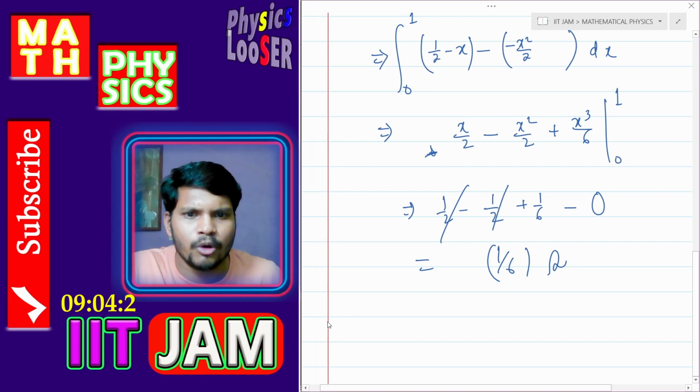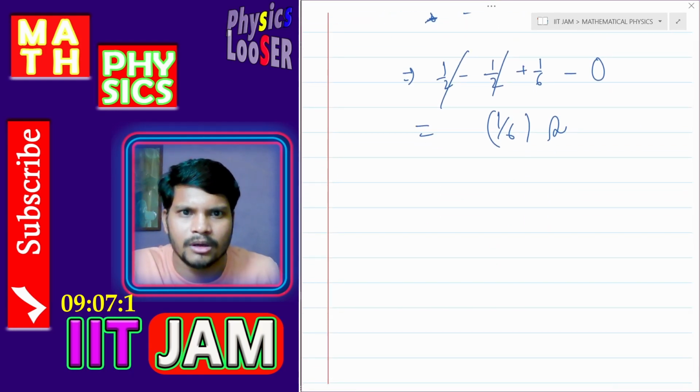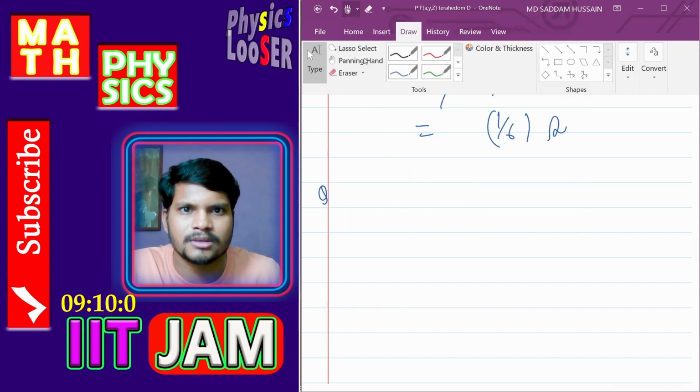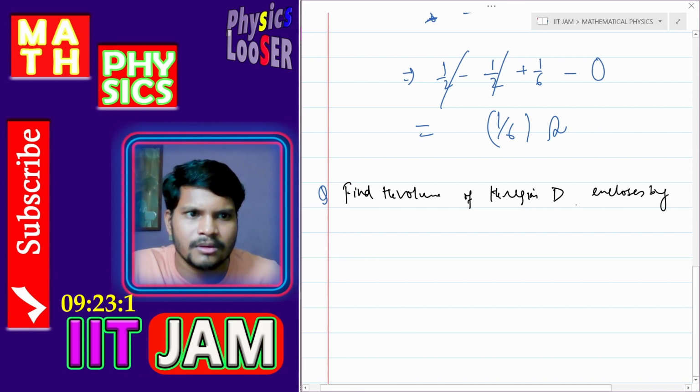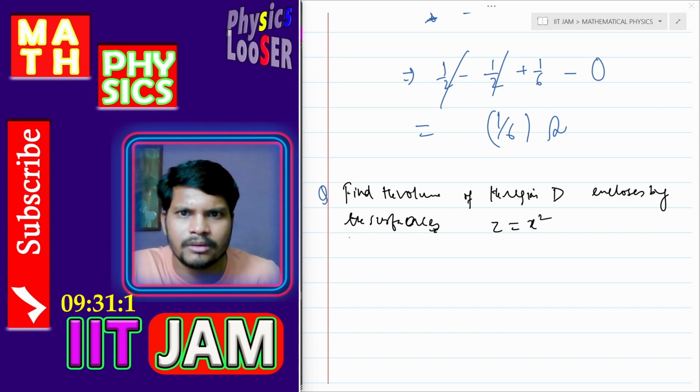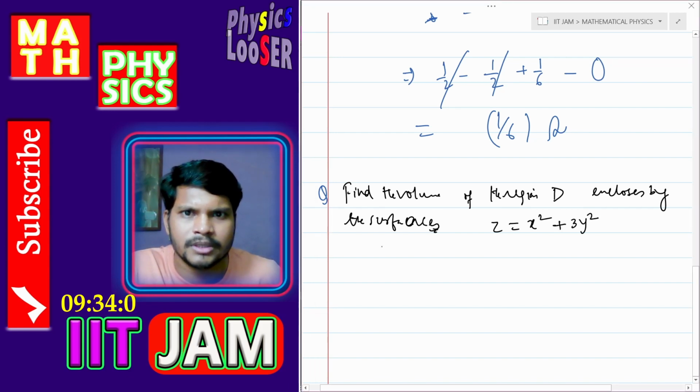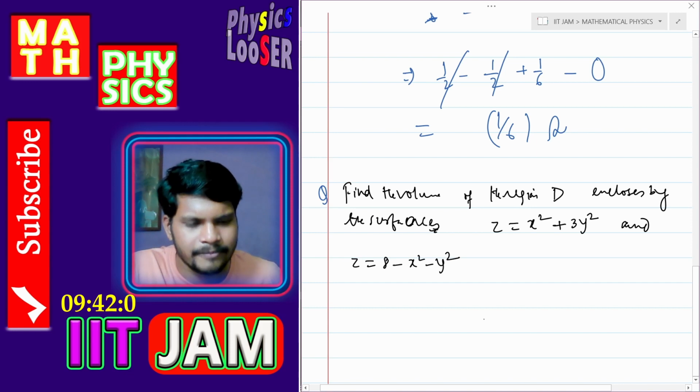Now I'm going to take one more problem so that you can get more used to this volume integral. The question is: find the volume of the region D enclosed by the surfaces z is equal to x squared plus 3y squared and z is equal to 8 minus x squared minus y squared.